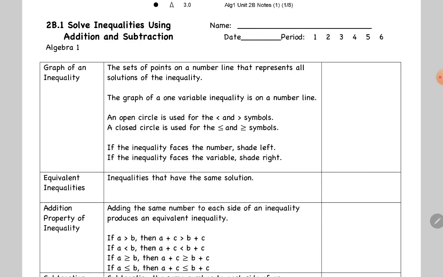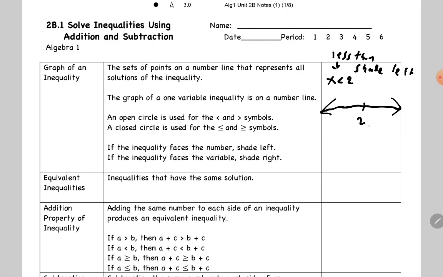A graph of an inequality is quite nice because if we have one variable, we just use a number line. Let's say x is less than 2 as an example. Remember, this symbol means less than, so that means shade left.